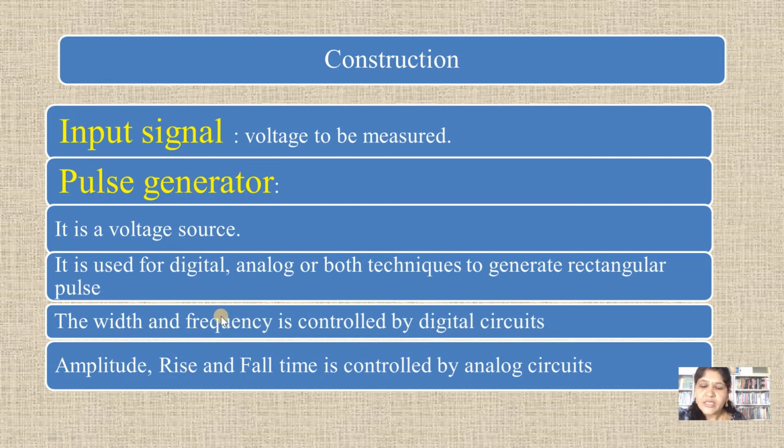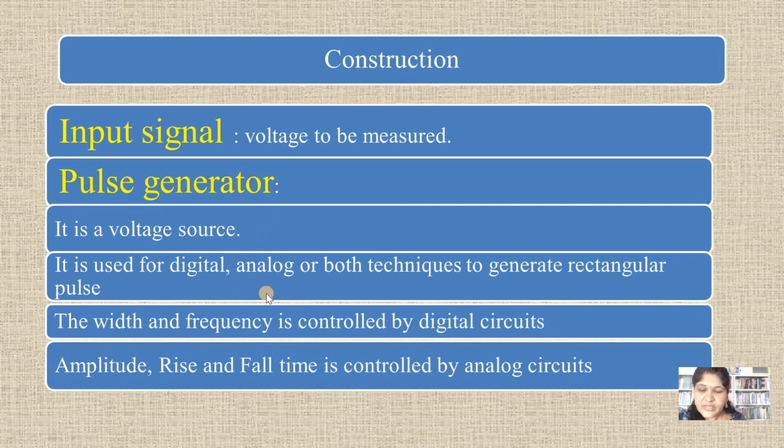You can see the input voltage is applied to the pulse generator, which is going to convert the input voltage. It is going to apply some digital and analog techniques, so this signal is converted into a rectangular pulse. Okay. So this pulse generator is going to convert the input signal into a rectangular pulse.